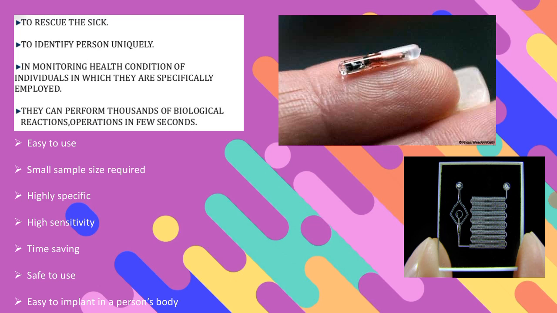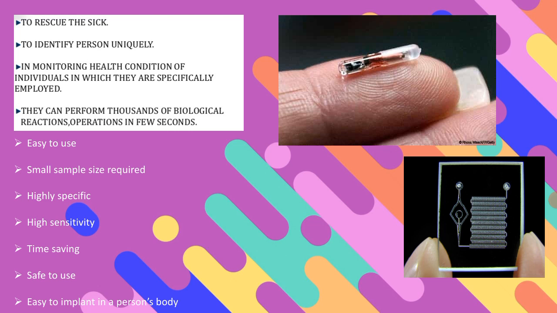Then a very small sample size is required for testing with biochips. As I mentioned, it is highly specific, highly sensitive, time saving, and safe to use for harmful samples, such as radioactive samples, with the help of the biochip. Then it is easy to implant, or inject, in the person's body.